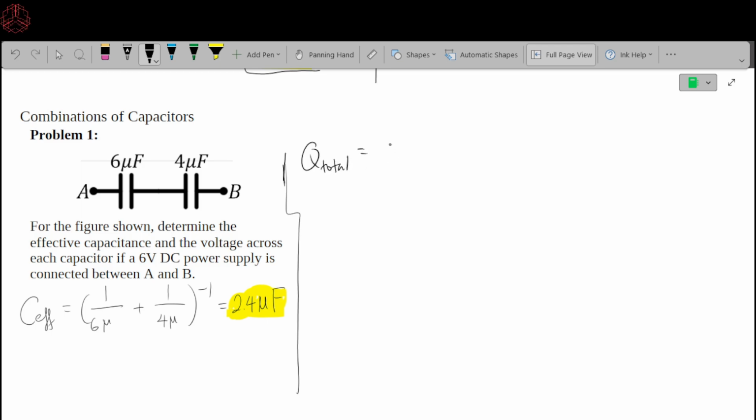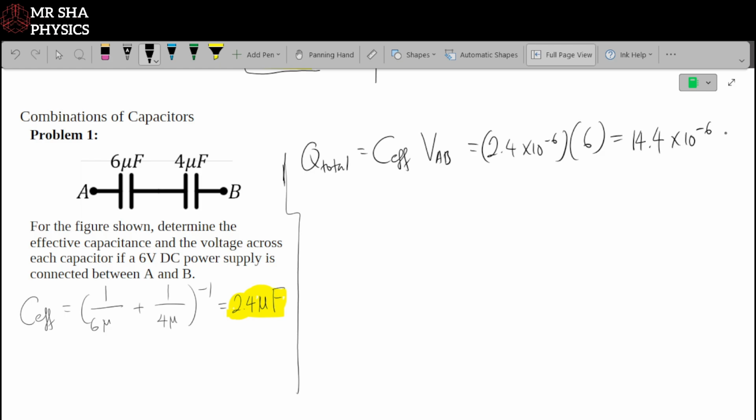This is going to be the effective capacitance times the voltage across A and B. My effective capacitance is 2.4 times 10 to the negative 6, my voltage is 6, and that would give me a value of 14.4 times 10 to the power of negative 6 coulomb.